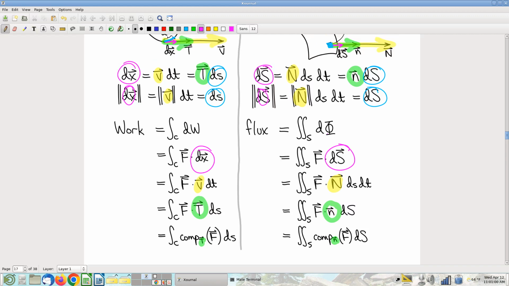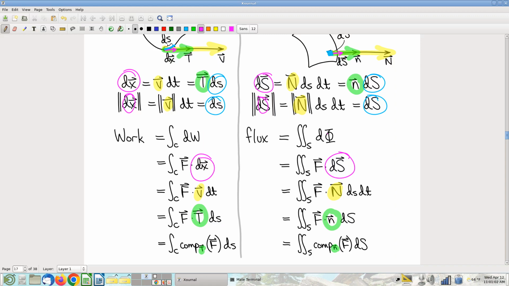I left out the ds scalar and the other ds scalar. So the analogies just continue preposterously. No way this is a coincidence, right?